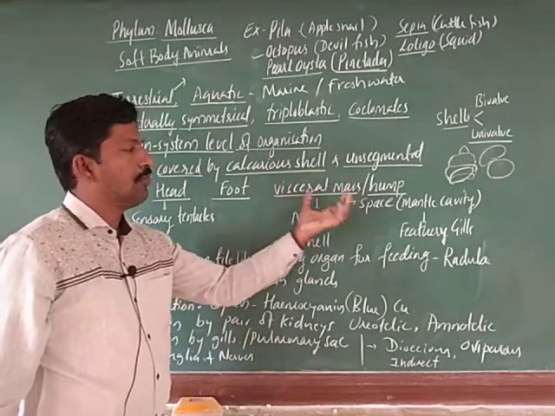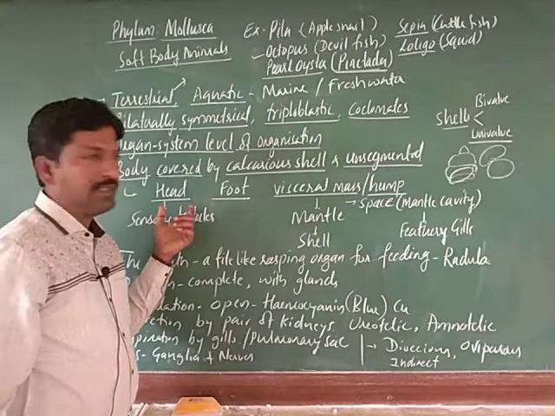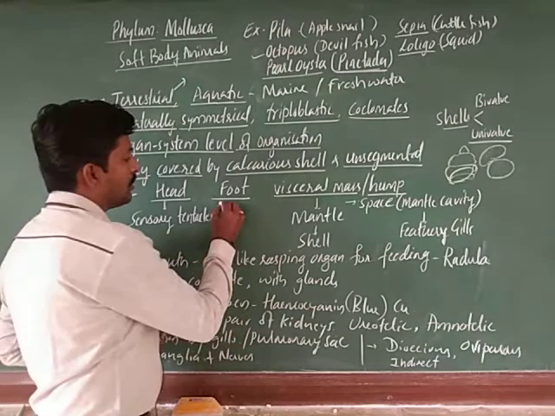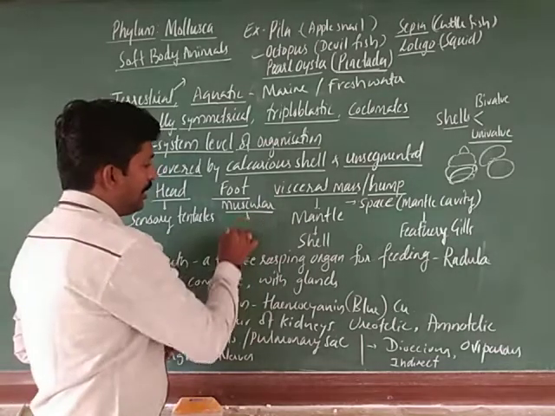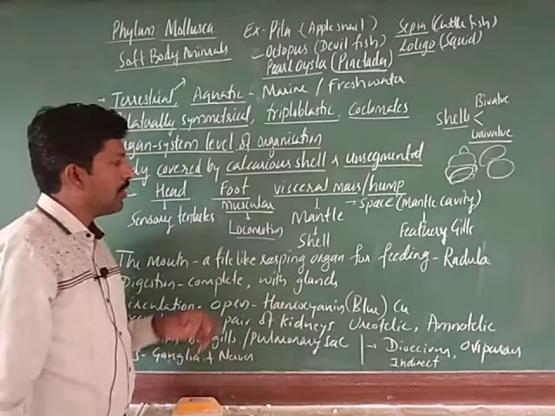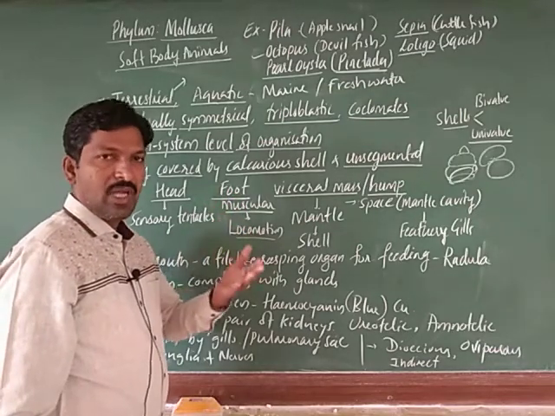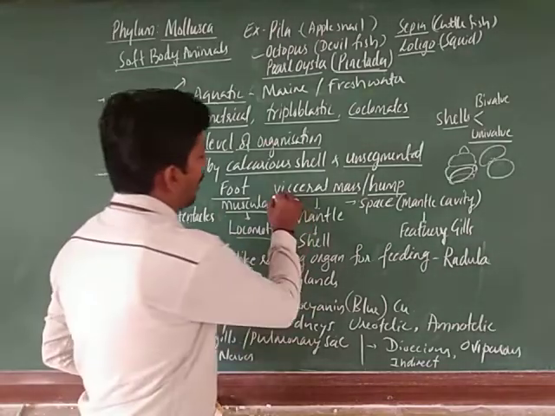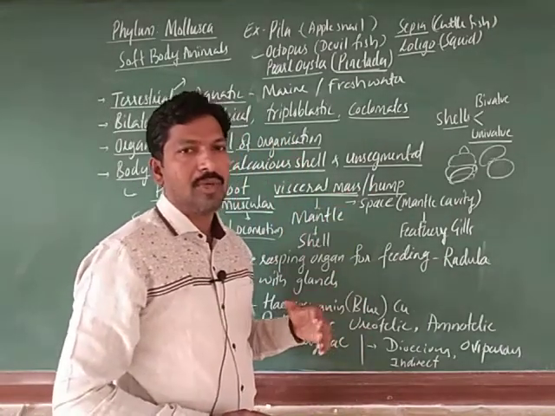On the anterior side there is the head, and on the ventral side the foot, which is muscular and helps mainly in locomotion, the movement we observe with the help of the foot. The remaining part is called the visceral mass, which is very soft in nature and also called the visceral hump.